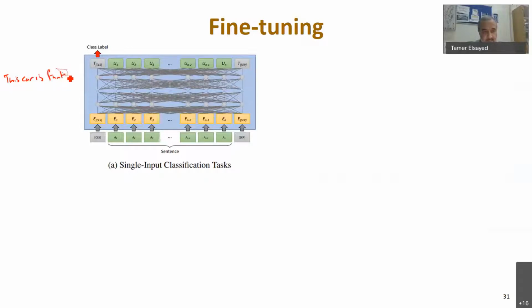This sentence is positive, so I have the label for it. I pass the sentence as an input, I get the CLS embeddings, and now I have the label also. Now I can train a classifier on the embeddings that I get from the CLS token.